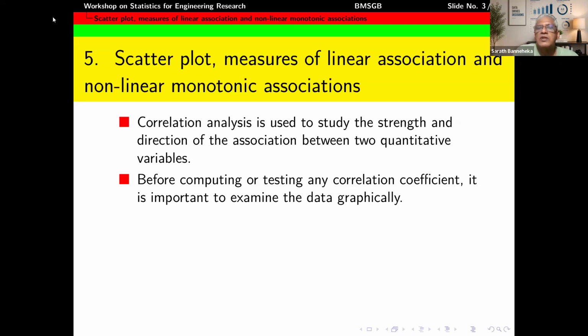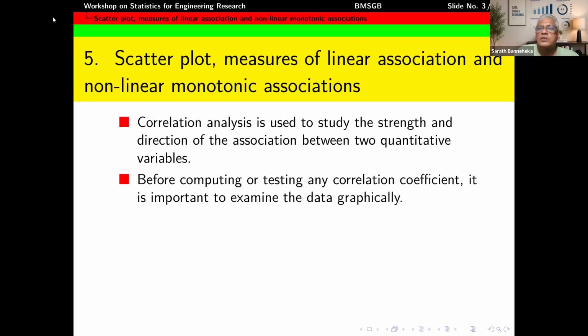And researchers directly report those things without considering any other things, and then sometimes give wrong interpretations also. So therefore, I thought I should explain certain important things related to this something called correlation analysis.